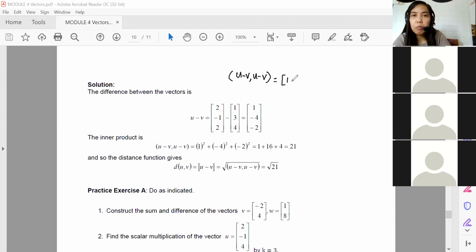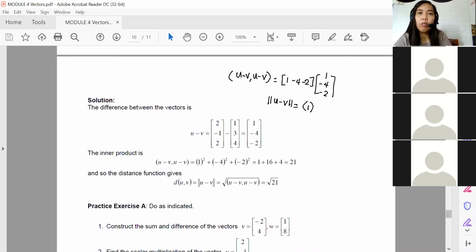Anyway, real numbers naman sila, so real vector space naman. 1, negative 4, negative 2 multiplied by itself. Okay, so you will have, this is for the norm of U minus V. 1 times 1, that's 1. Doon kasi sa formula for the distance, that is squared. Okay. Pakita ko lang.